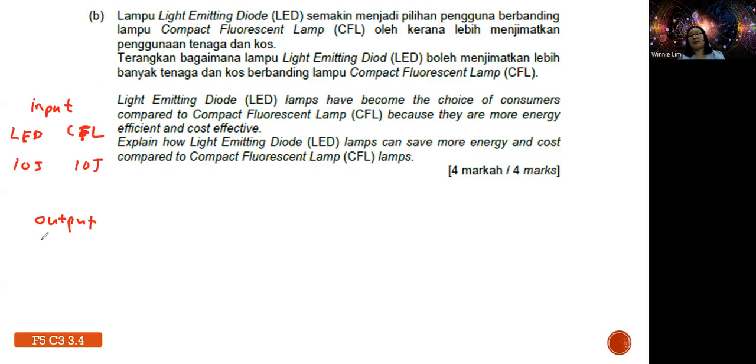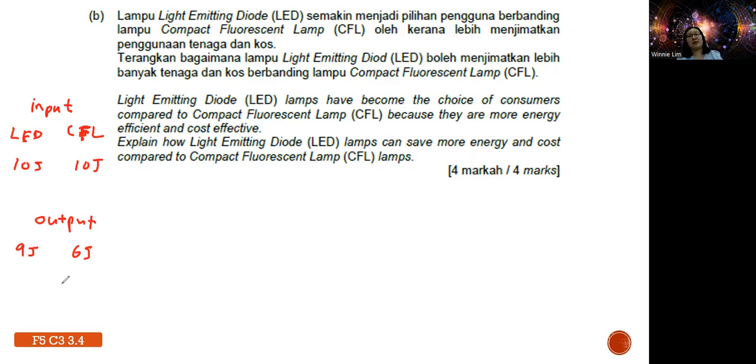So they call it the output. But other than light, when you turn on the light, they also produce heat, right? That one is unwanted energy. So LED normally, for example, gives 9 joule of light. But for CFL, maybe they only have 6 joule, and the other 3 joule becomes heat. So of course, this output is higher compared to the CFL.